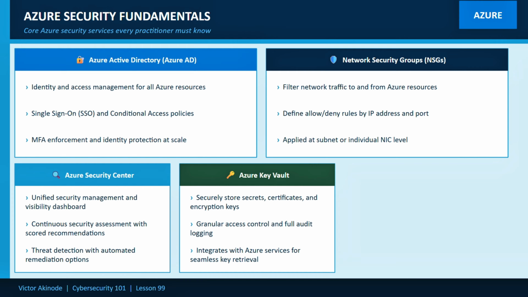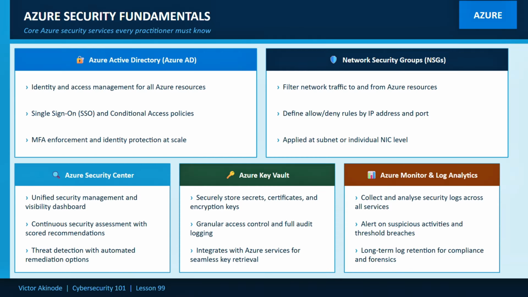It has granular access control and full audit logging. It integrates with Azure services for seamless key retrieval. Lastly, we have Azure Monitor and Log Analytics. This collects and analyzes security logs across all services. It alerts on suspicious activities and threshold breaches, and it also has long-term log retention for forensics.